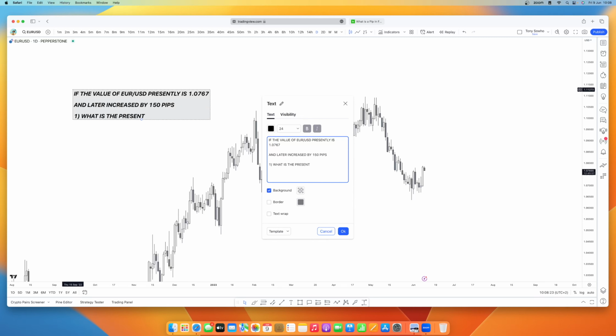What will be the present value? The value itself is the exchange rate.